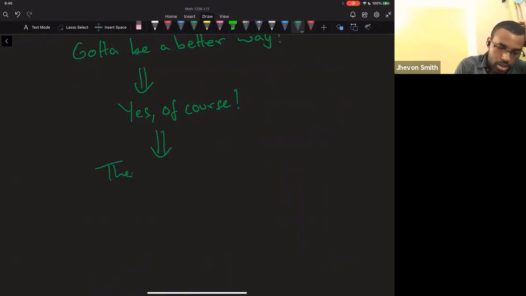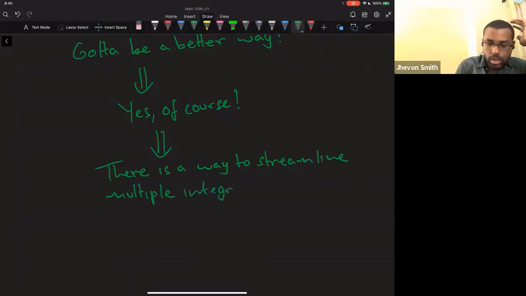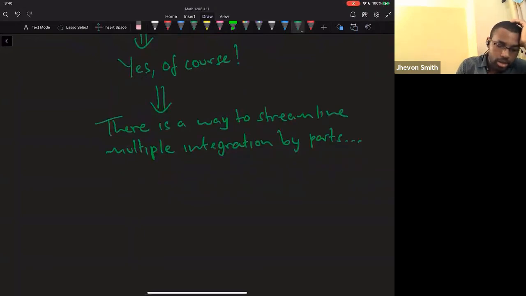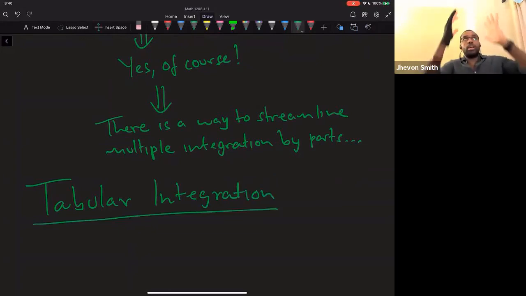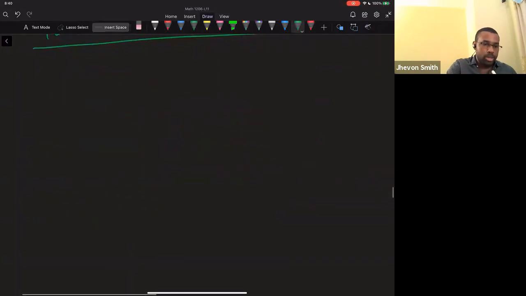There is a way to streamline multiple integration by parts, and it's called tabular integration. It's called tabular integration because you do it in a table to organize your work. And so that leads us into tabular integration.